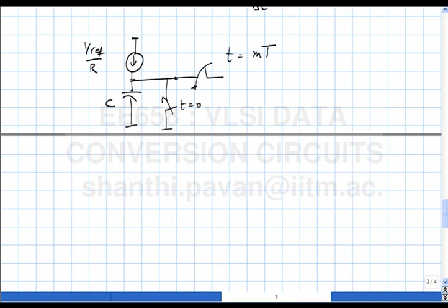The voltage across the capacitor is t by RC times Vref. So after time mT, the voltage should be mT by RC times Vref. So you can measure this. Looking at this measurement, you will be able to figure out whether the RC is too low, too high, or what you want.